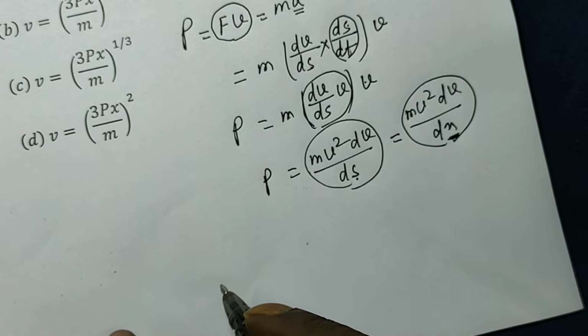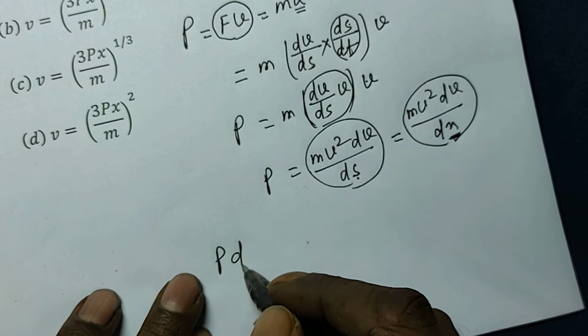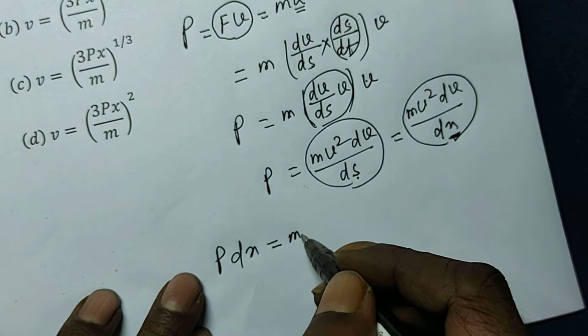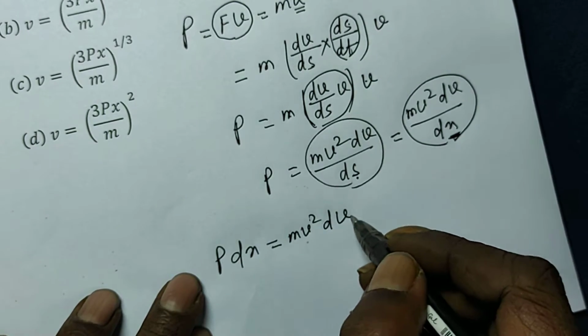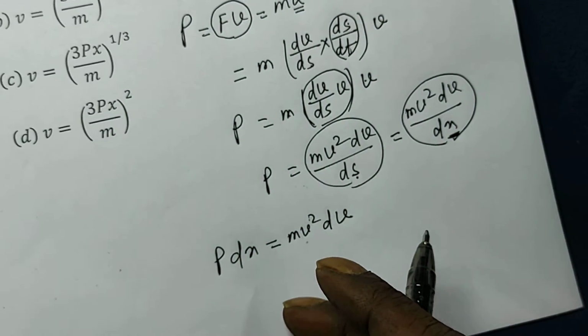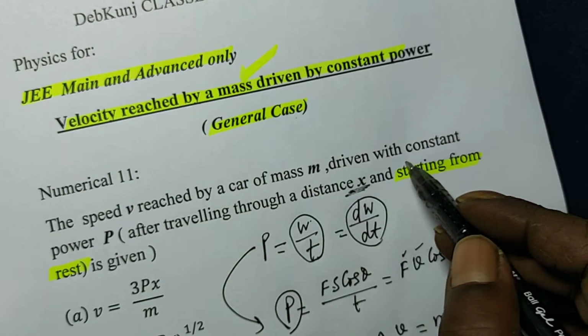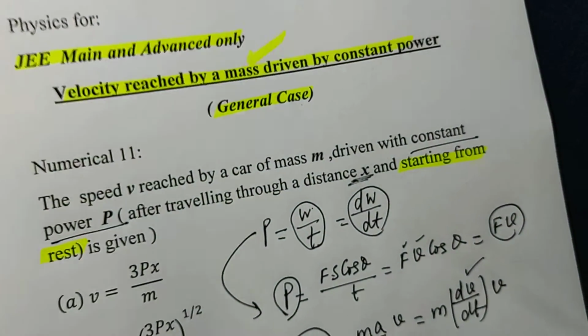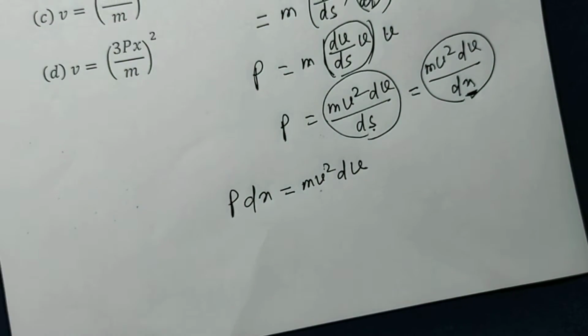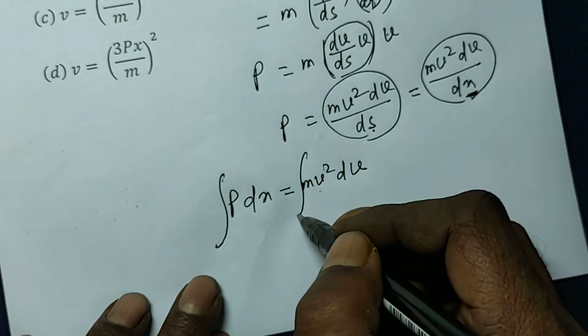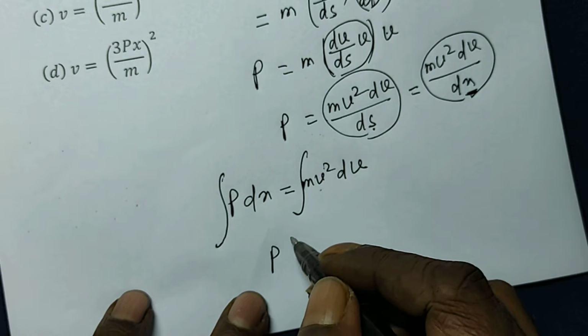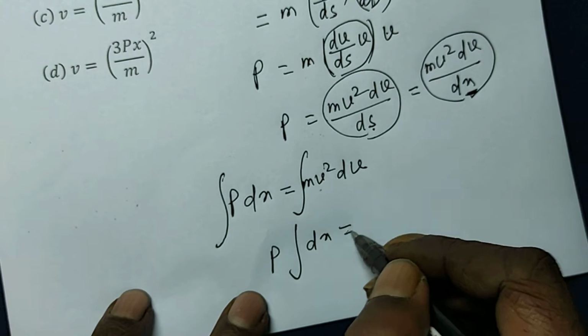Now, if you cross multiply, your P times dx becomes m v square dv, and it is given in the numerical that the power P is constant. So, if you integrate this side and this side, P is a constant, is taken out, integration of dx.